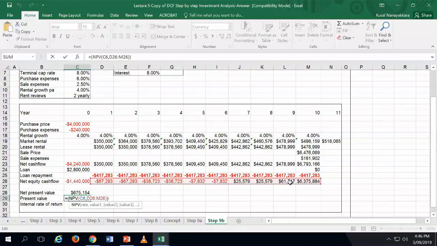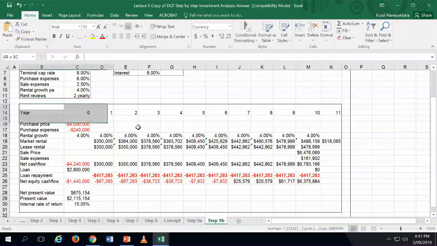At the beginning, I told you we use discounted cash flow for two main reasons. One is for valuation purposes. The second is for investment purposes. For valuation purposes, our discounted cash flow finishes here.